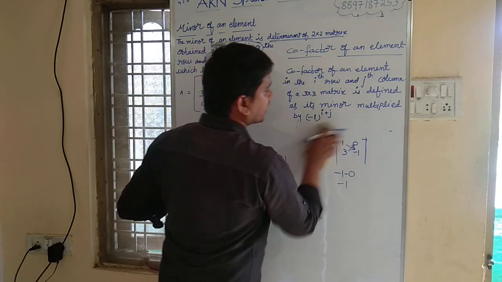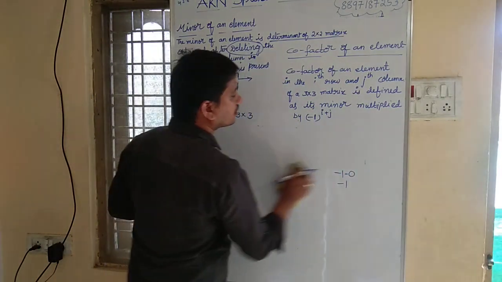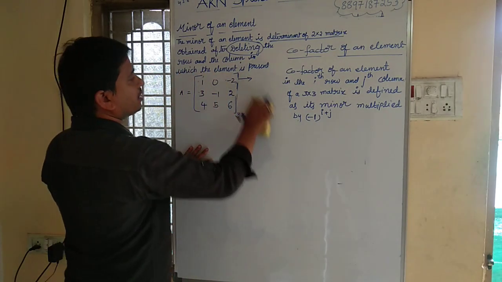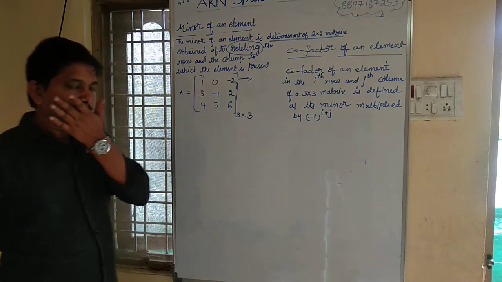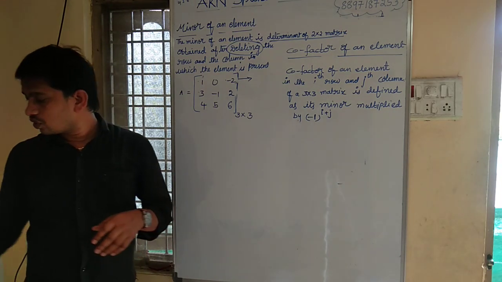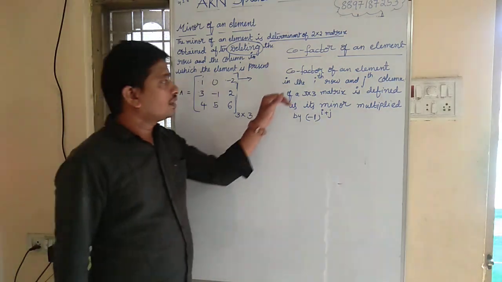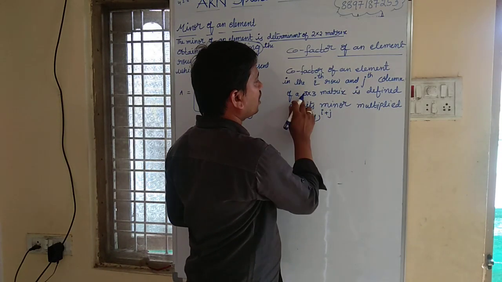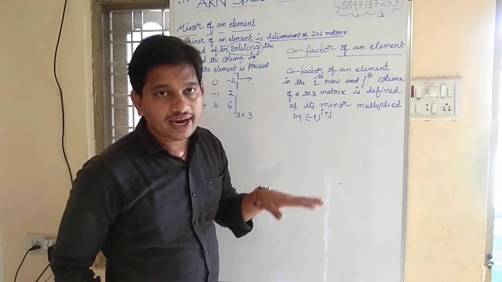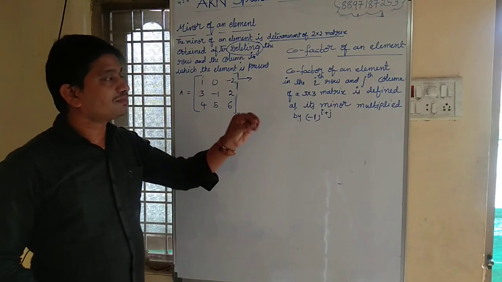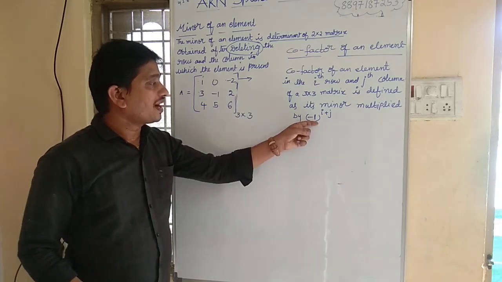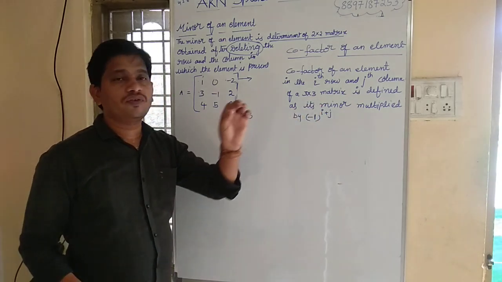Now the second topic is how to find the cofactor of an element. The cofactor of an element in the ith row and jth column of a 3 by 3 matrix is defined as its minor multiplied by (-1) to the power of i plus j.